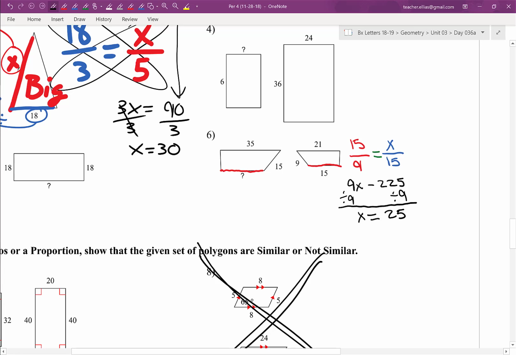Equals. I think so, let me see. She did 15 over 9, so she's doing this over the corresponding side. Well, then she's got to do something from there divided by... yeah, that looks good. 15 times 15 is 225. Is that true? 15 squared. Yep. And then divide by 9. Yeah, she's right. Absolutely.